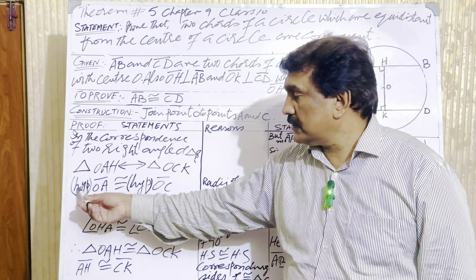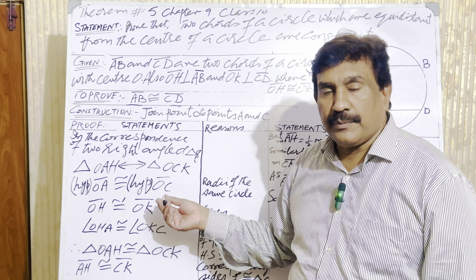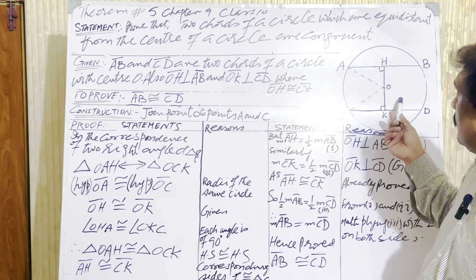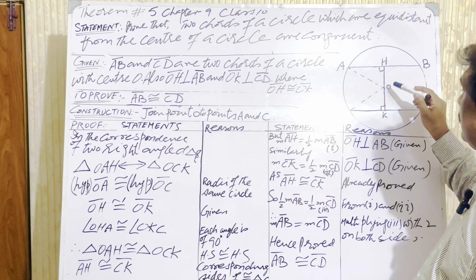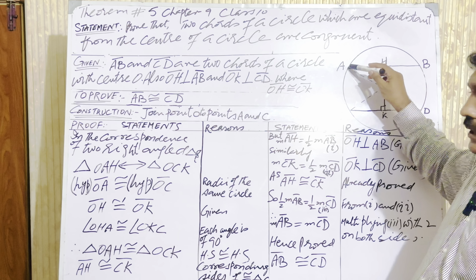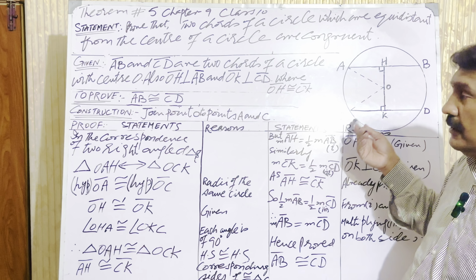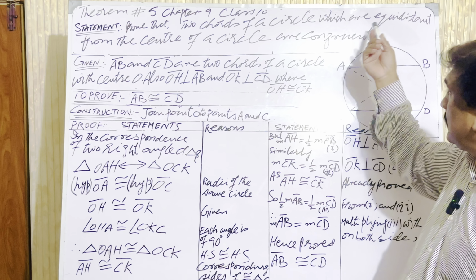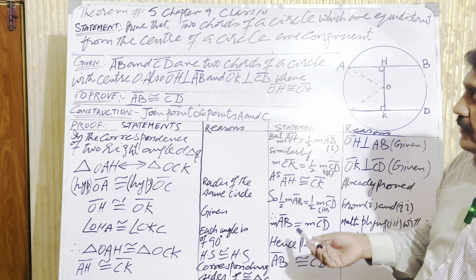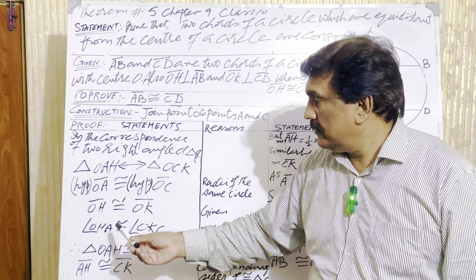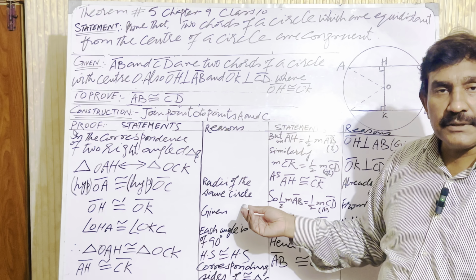Hypotenuse OA congruent to hypotenuse OC. The reason they are equal: OA is congruent to OC because they are radii of the same circle. OA is the radius of this circle and OC is also the radius of the same circle. That is why you can write OA congruent to OC, radii of the same circle.